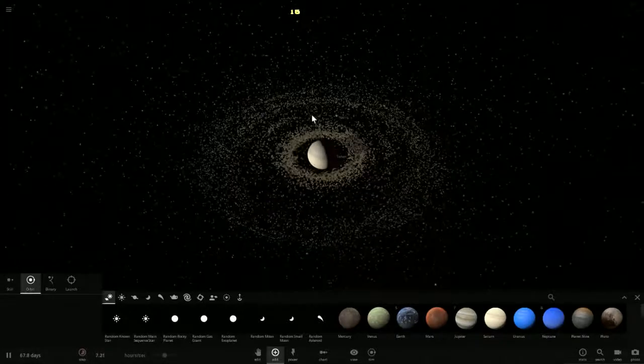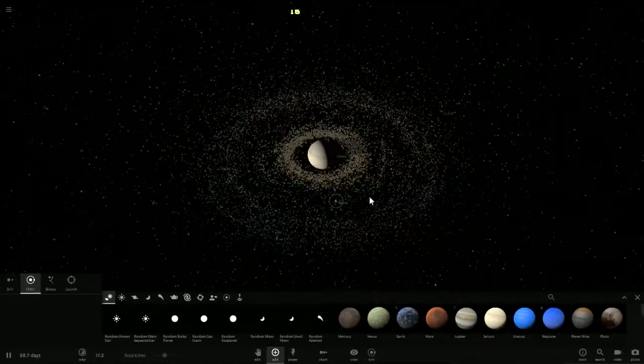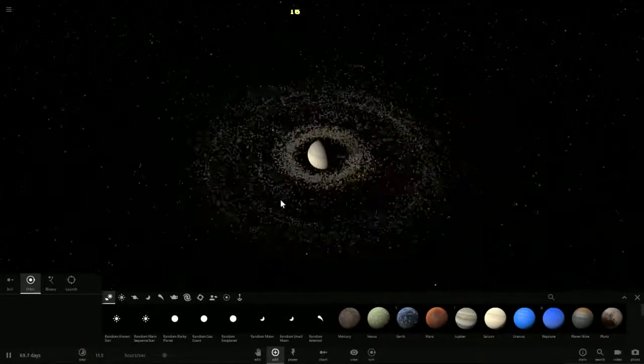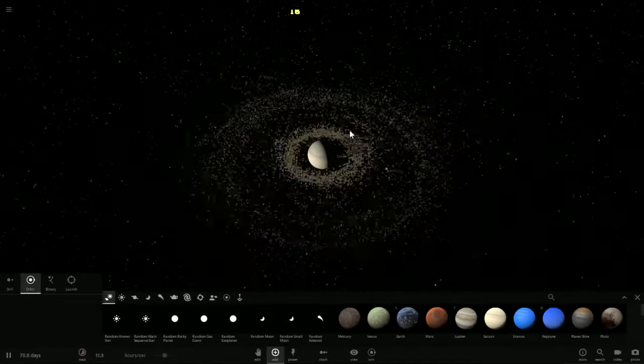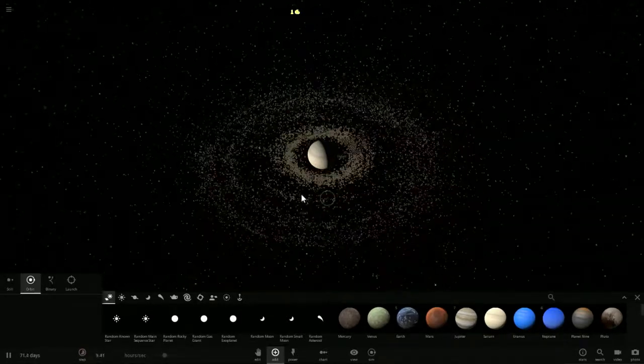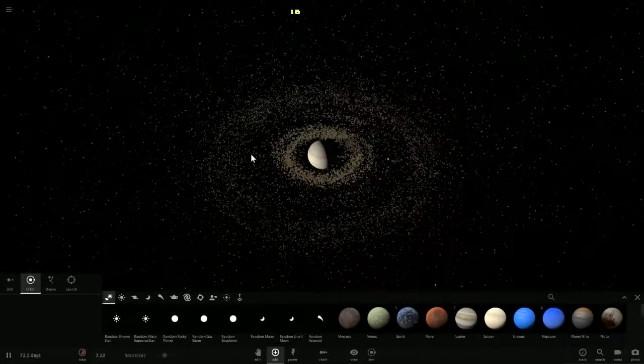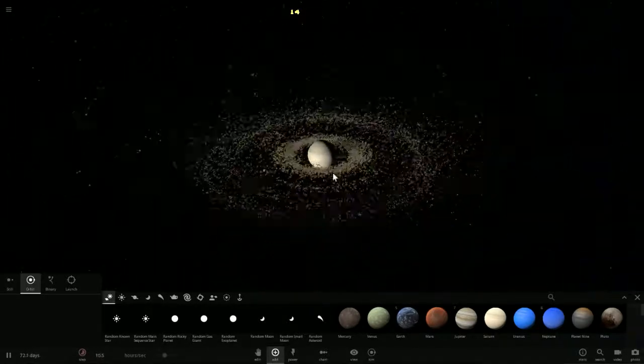But I think that this giant moon, I think that it helped Saturn form its rings.